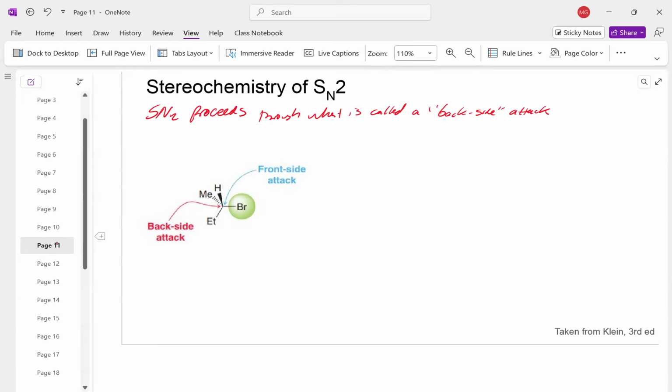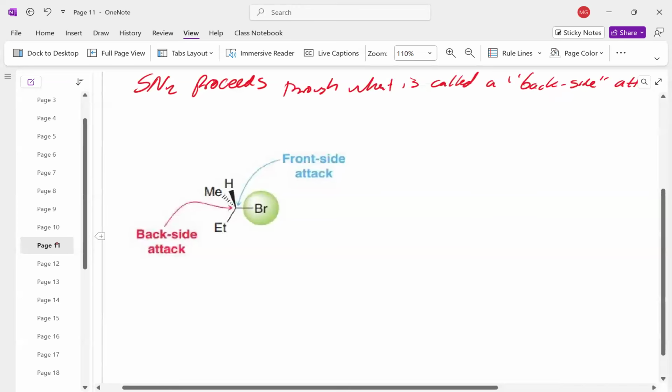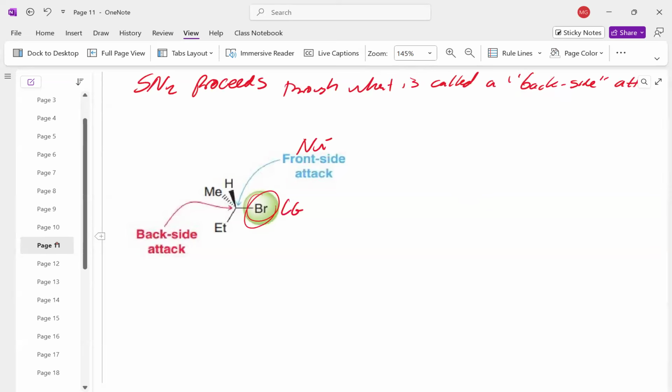And all that really refers to is where the nucleophile decides to make a bond to the carbon with the leaving group. So in this diagram here, a frontside attack would be the nucleophile comes in from the same direction as the leaving group. A backside attack is the nucleophile comes in from the opposite direction of the leaving group.